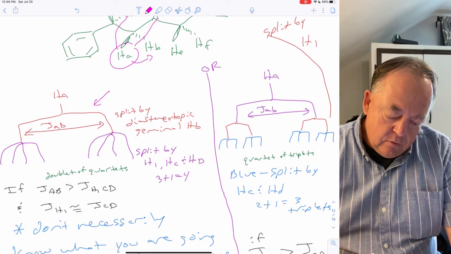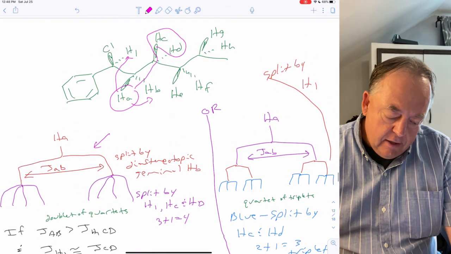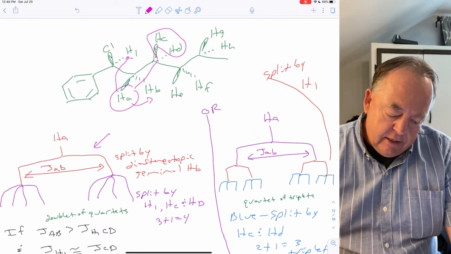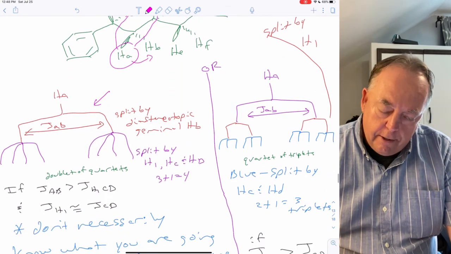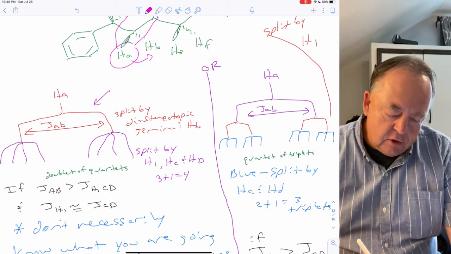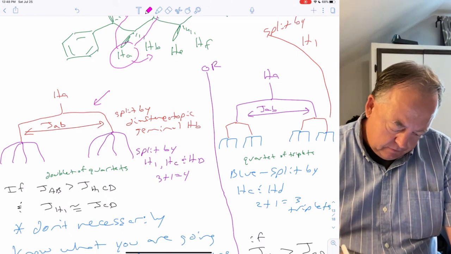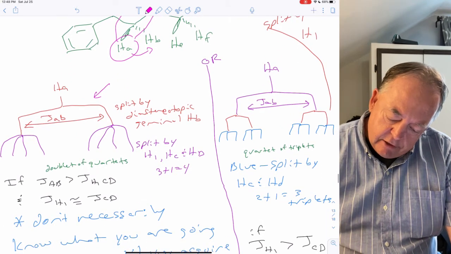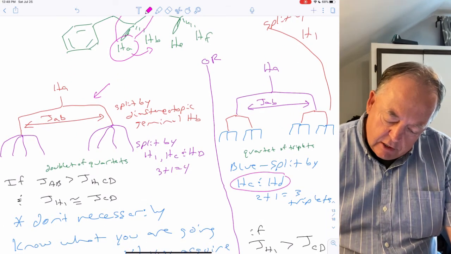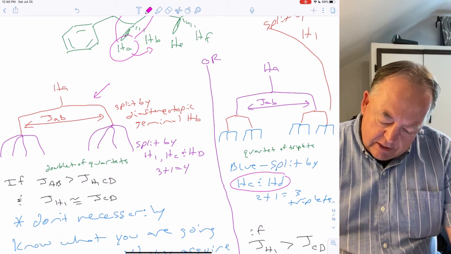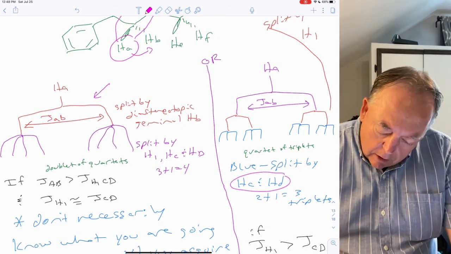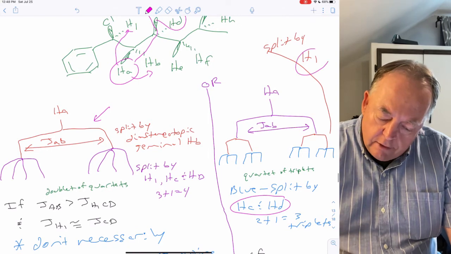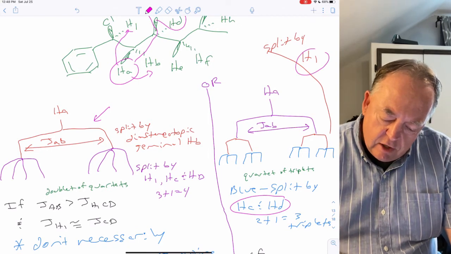It splits with B to a doublet, and then you have HC and D and H1, 3 neighbors, 4 peaks, so that doublet would be split into 2 quartets. Or let's see, in this scenario, the coupling with CD is smaller than the coupling with H1, which is smaller than the coupling with HB.